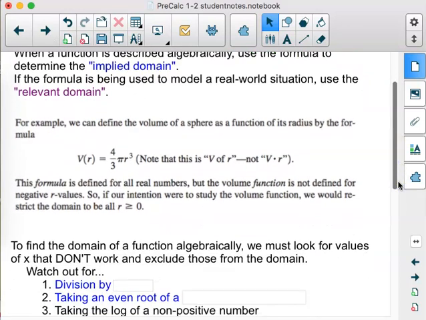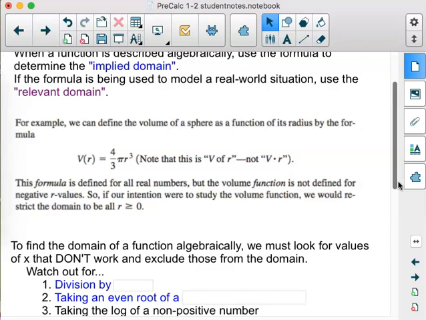For example, we can define the volume of a sphere as a function of its radius by the formula V of r equals 4/3 pi r cubed. And like it says, note that this is V of r, not V times r. It's V of r, it's a function. This formula is defined for all real numbers, but the volume function is not defined for negative r values. Yeah, you can't have a negative radius. It isn't going to happen.